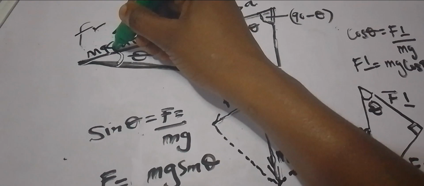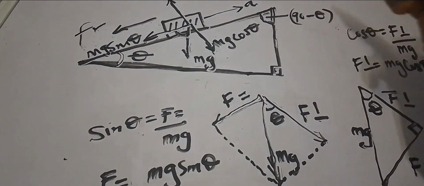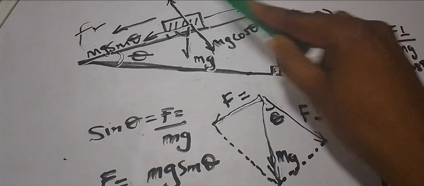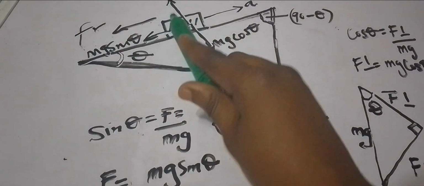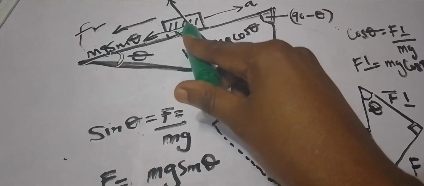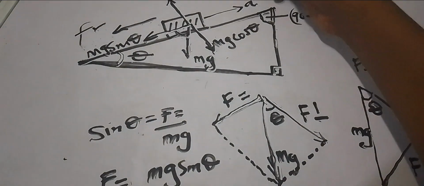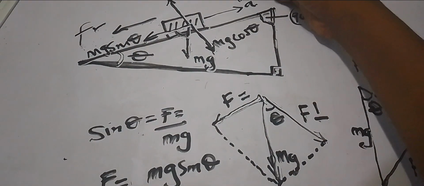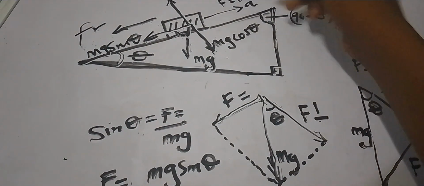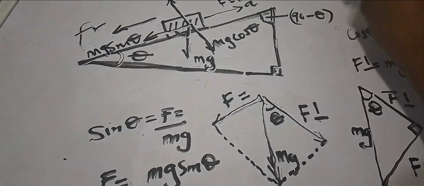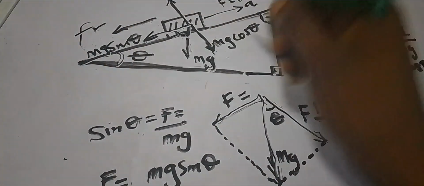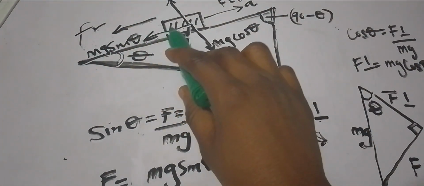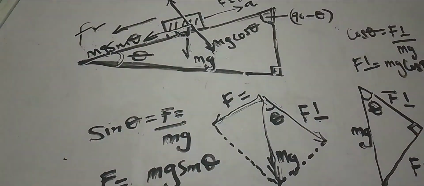Now, when the body is accelerating upward, we have two forces acting in the opposite direction. Number one, we have the frictional force. At the same time, we have the mg sine theta, that is the force parallel to the surface. The force moving upward is ma, since F equals ma.